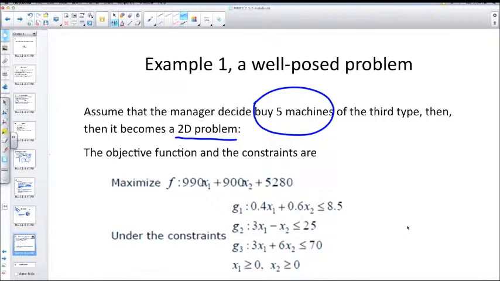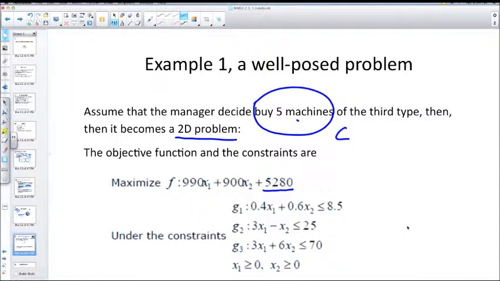Now the objective function needs to add the productivity of the 5 C machines. That makes a total of 5,280. You're going to do the calculation later on.